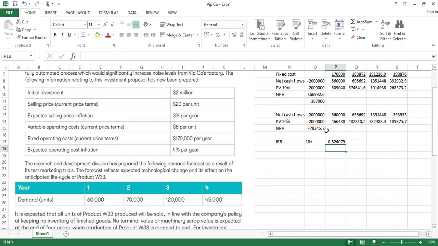So bracket close. Multiplied with what? Multiply it with the high and low discount rate, 20 minus 10. So if we add with the 10, 10 plus this, IRR is 18.2%. So 18.2% is the IRR.